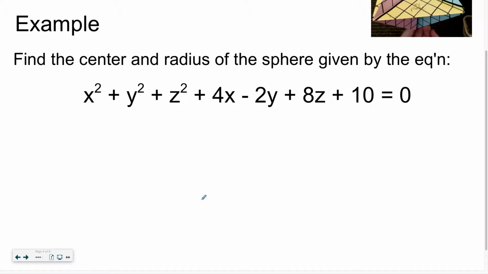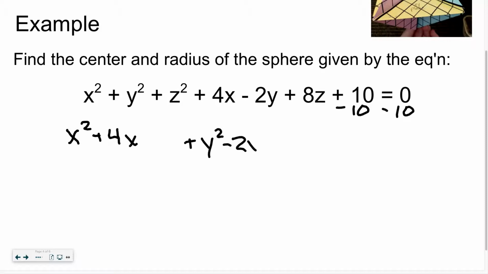Okay, so let's take care of that. I'm going to subtract 10. And then I'm going to rewrite so that my x's are together, x squared plus 4x. I'm going to leave some space. Plus y squared minus 2y, leave some space. Plus z squared plus 8z, leave a little space. And then that equals negative 10.